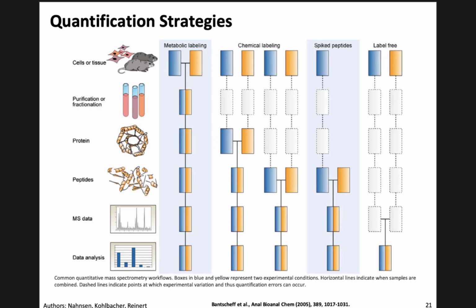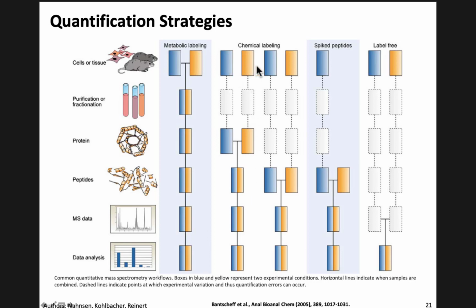This figure gives you a rough overview of the different labeling techniques. Metabolic labeling would start here early on in the cells or tissue, and then would introduce the two labels, blue and yellow here, throughout all steps of purification, extraction, digestion, data analysis.